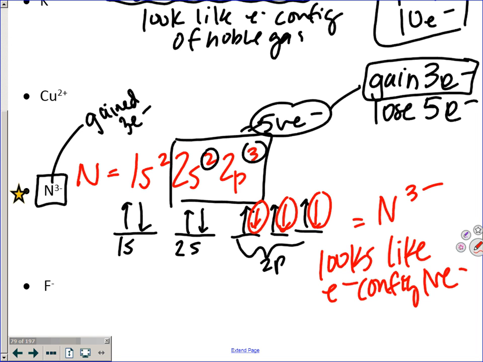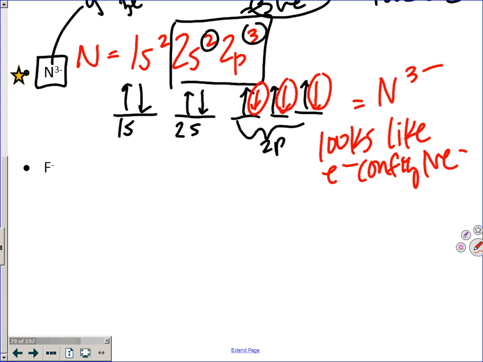It's still nitrogen because we never changed its number of protons, that's the identity maker. But we've changed its charge, and it looks like a noble gas. Every single time you form a charge, the electron configuration will look like a noble gas because those are the cool kids. Those are the stable ones. They have an octet. It'll happen every single time.